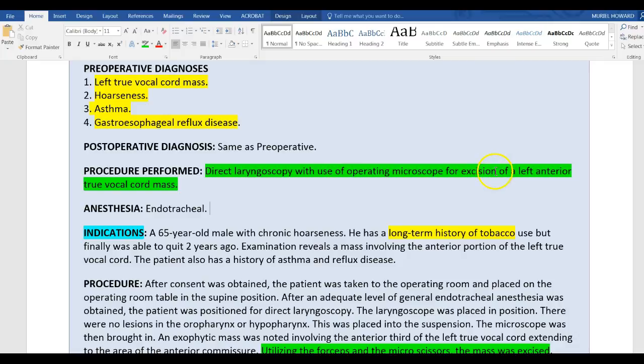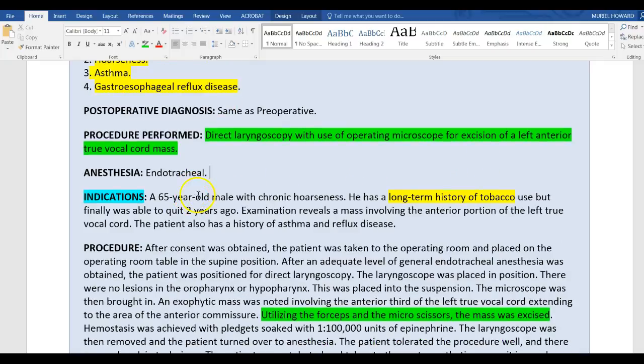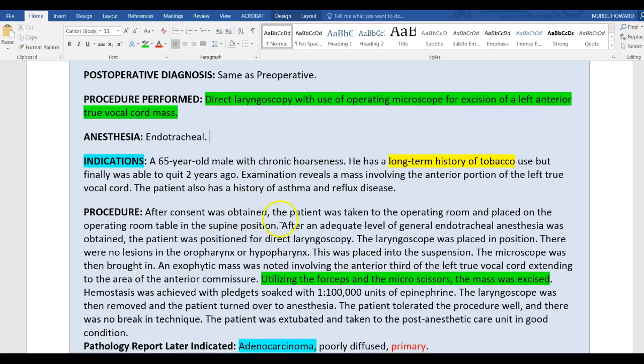They cut off a piece of the anterior, which is the front portion of the vocal cord. It's a mass, so they cut a portion of that off. Excision means to cut and take out. Okay, so that's how we put it in layman's terms.